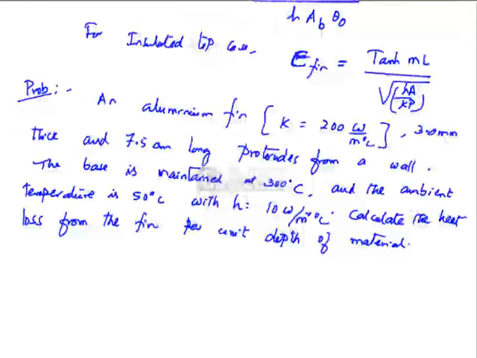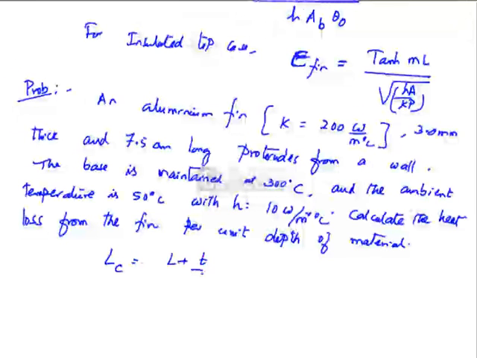Because nothing is mentioned regarding whether the fin is very long or the fin tip is insulated, we have to consider case 3, that is the fin is finite in length and loses heat by convection from its tip. Therefore I have to make a correction in the length.